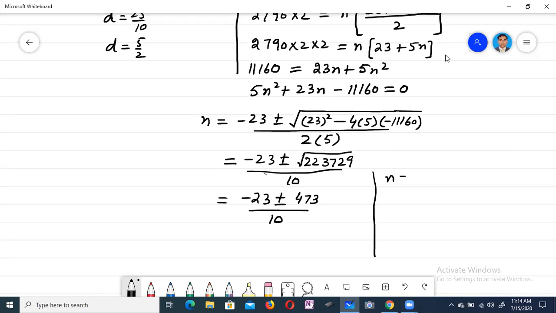That will be n is equal to minus 23 plus 473 divided by 10, that is giving us 450 divided by 10, and you know 450 divided by 10 will be 45. N here is 45. The other, this negative sign if we will use, then we will get here the negative number. You know, number of terms cannot be negative, then the other one you can ignore.